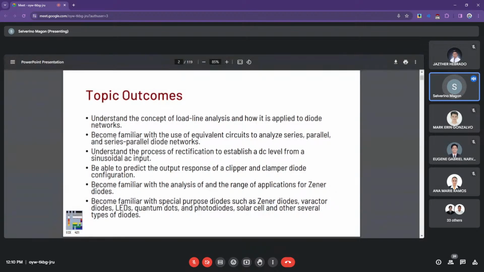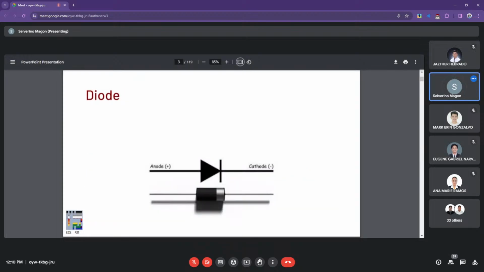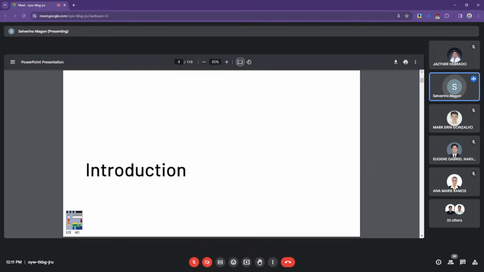Later we'll see other special purpose diodes, including LEDs and photodiodes. Also, I mentioned the Zener, and much of that will be covered in subsequent sections. So again, we have the diode symbol and the actual device. The P-type material is connected to what we term the anode, and the N-type material is referred to as the cathode.